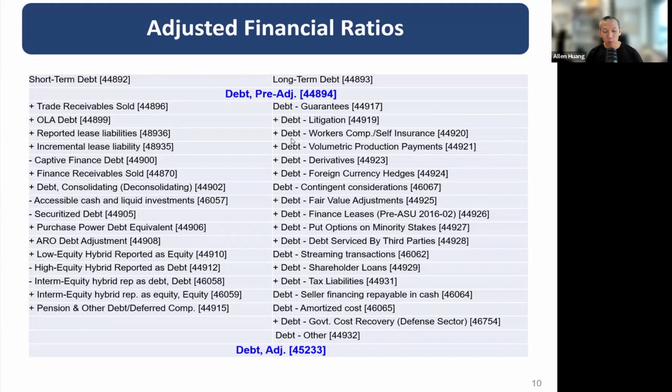As you can see, when we look at the financial analyst report and these adjustment formulas, there are many things included in the financial accounting framework in long-term debt and short-term debt that the credit rating agencies do not believe are the relevant numbers to use when evaluating a company's creditworthiness.